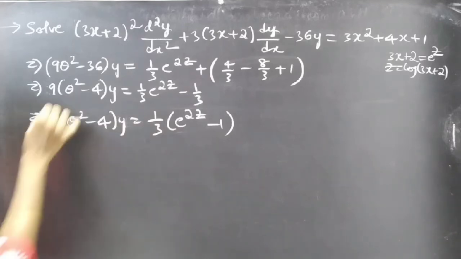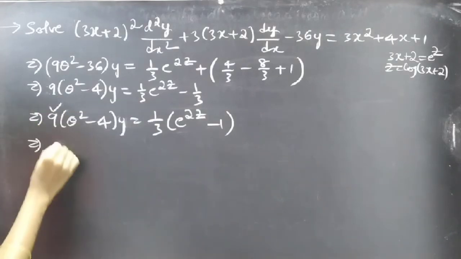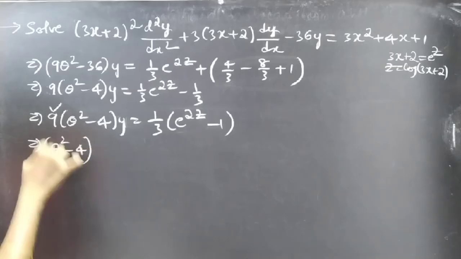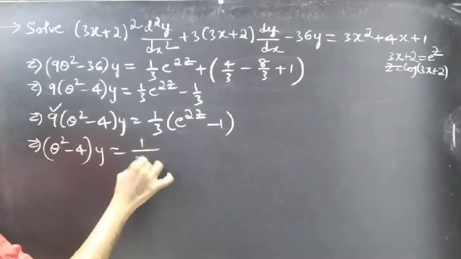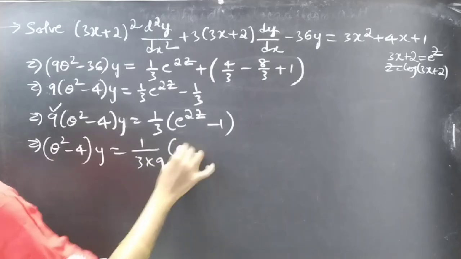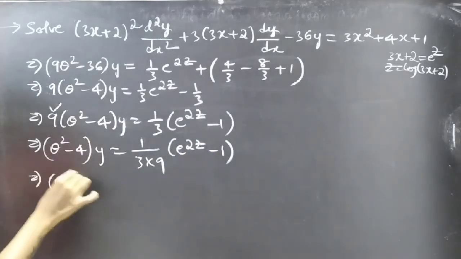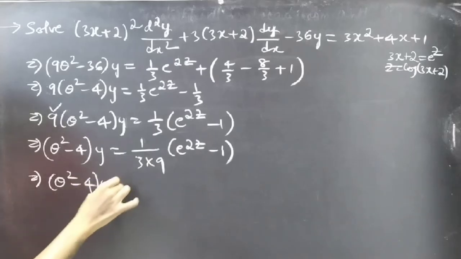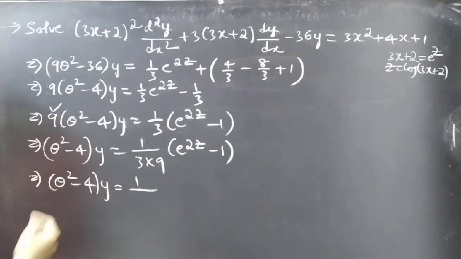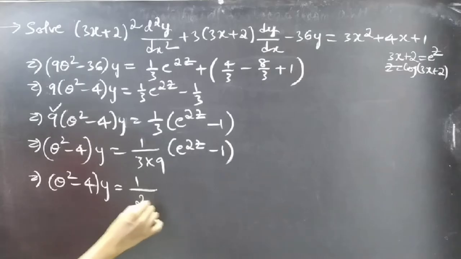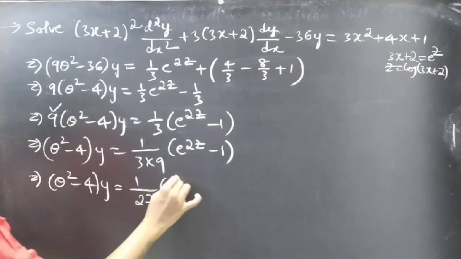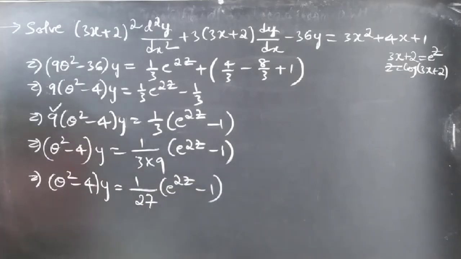Fine. Now take this 9 to RHS, we'll get (theta square minus 4) into y equal to 1 by 3 into 1 by 9 into (e power 2z minus 1). It's not necessary to increase the number of steps; you can just directly write 1 by 27 into (e power 2z minus 1), okay?